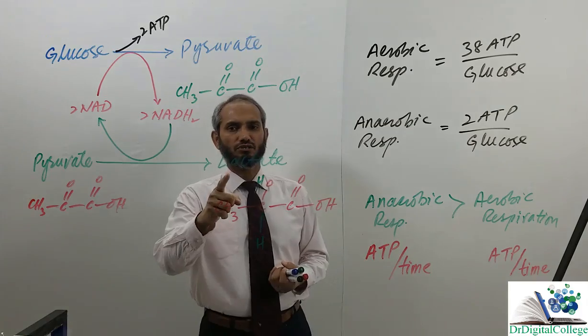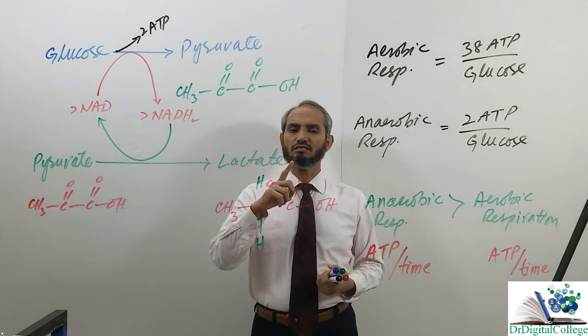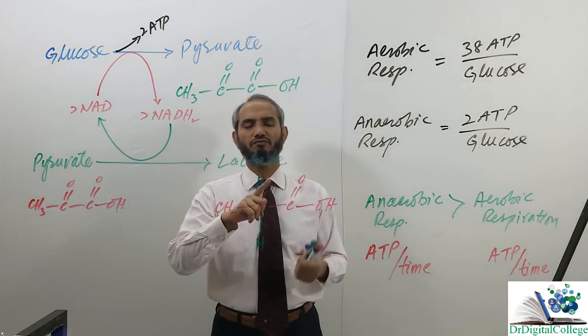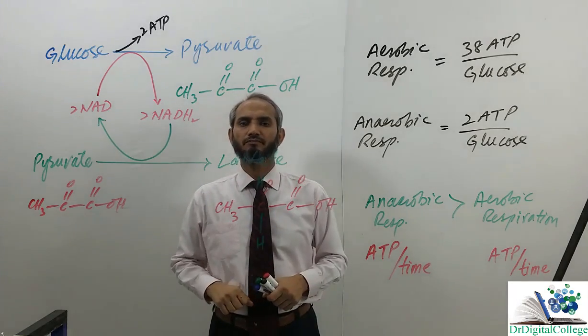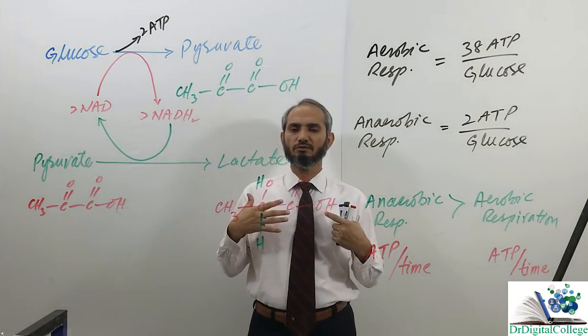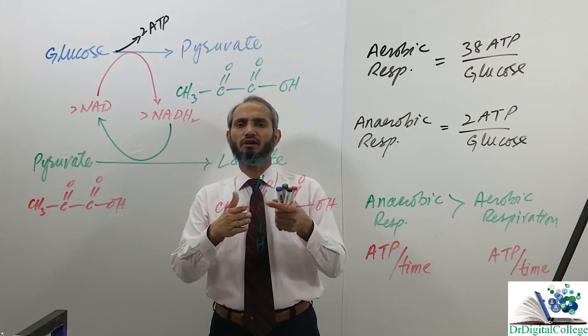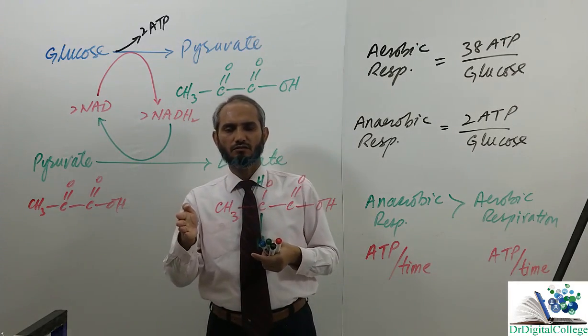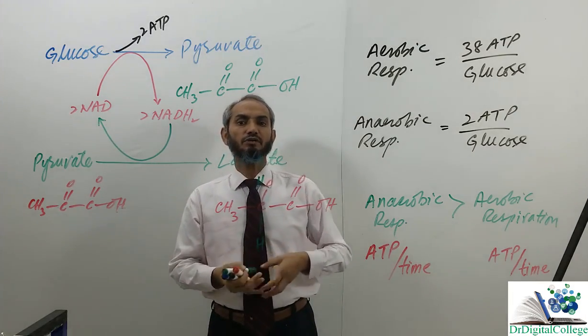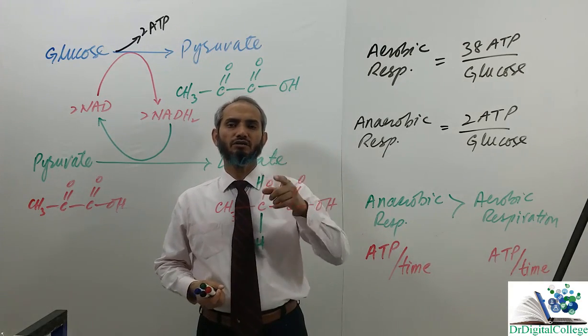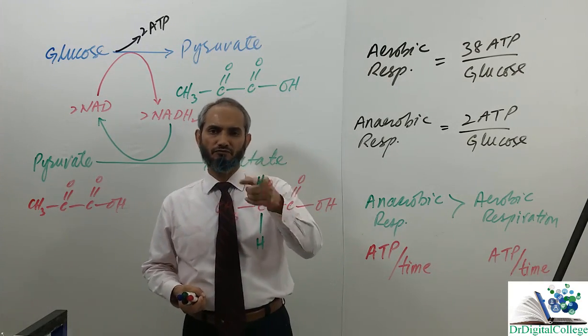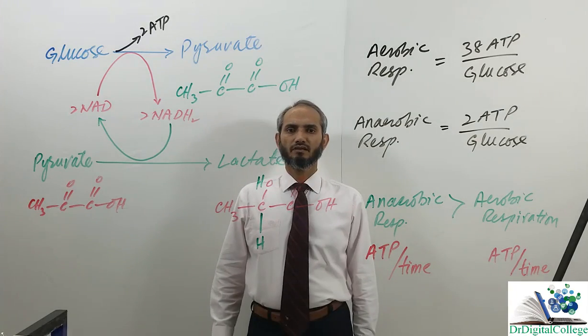Lactate fermentation or anaerobic respiration will start first in the body of an expert athlete. I will start anaerobic respiration, say for example, after 200 meters, and the expert athlete will start anaerobic respiration after a 150 meter run.